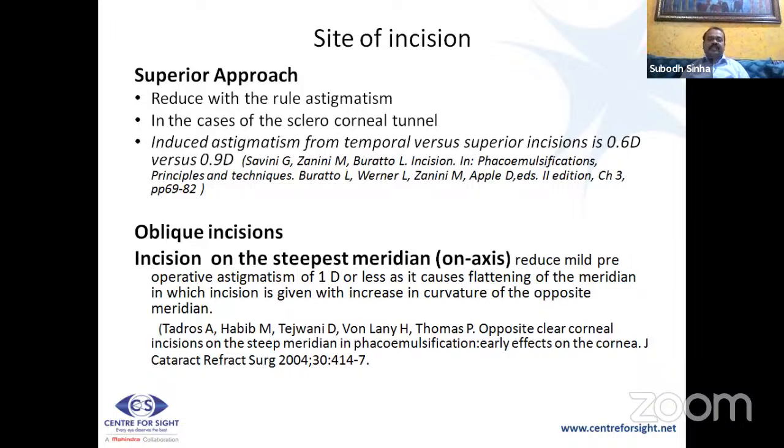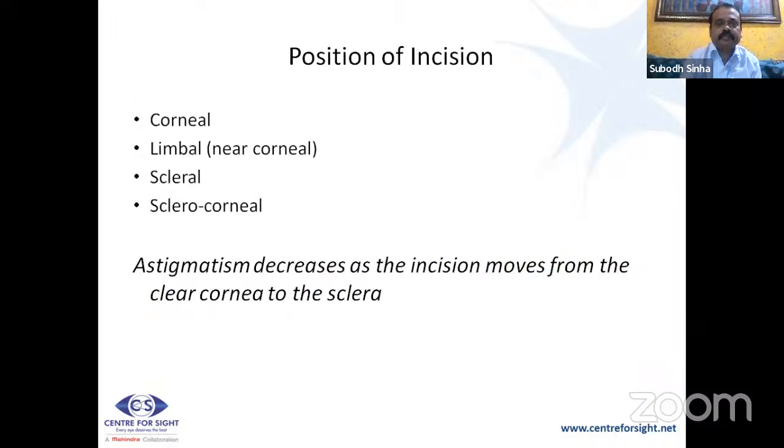And the studies show that definitely the superior incision will have more astigmatism compared to temporal incision. Oblique incisions can be given when you find there is oblique astigmatism, then you can keep the incision on the steepest meridian.